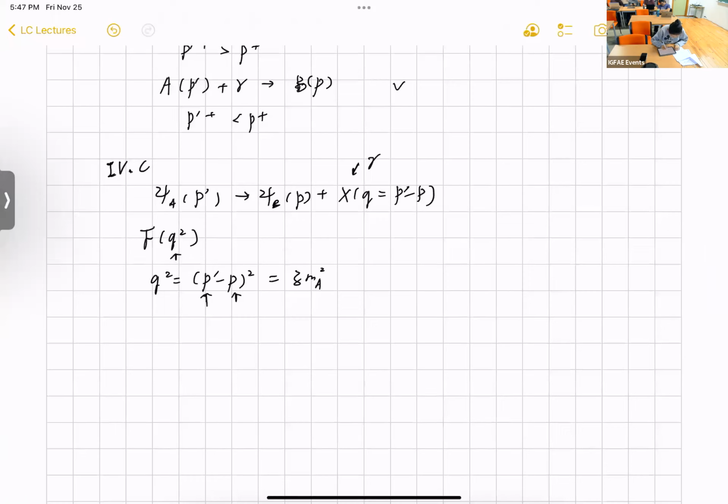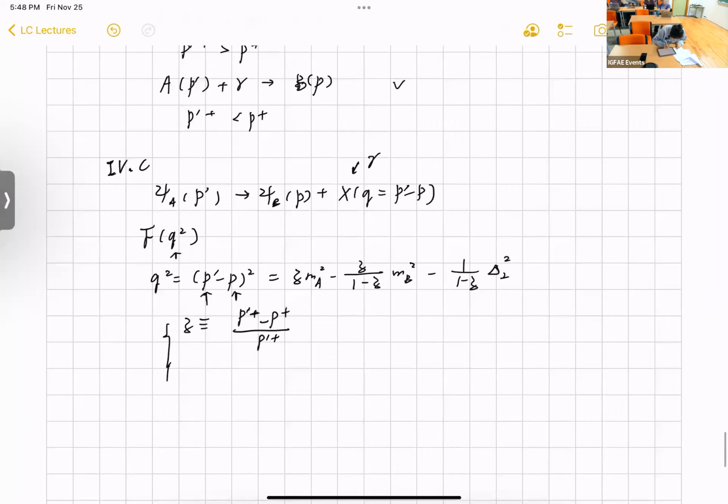So for this, I will just write down the expressions I have, but the derivation is straightforward. You just plug in the expression for P prime and P. So the quantity here is that Z is defined as the fraction of the transferred P plus over the initial P plus.